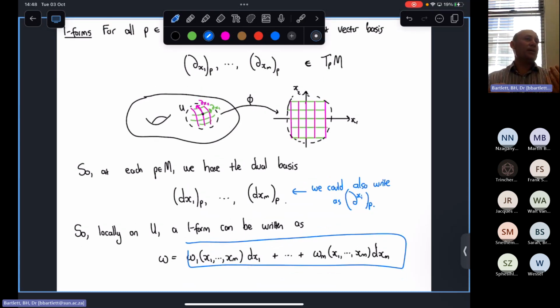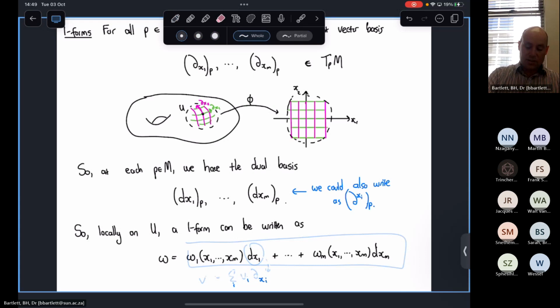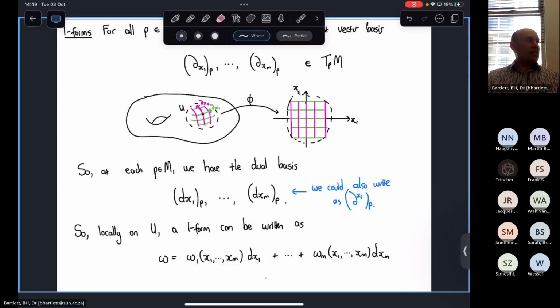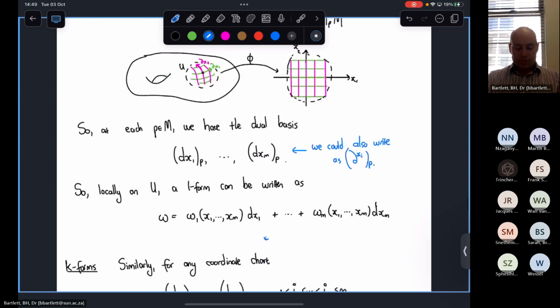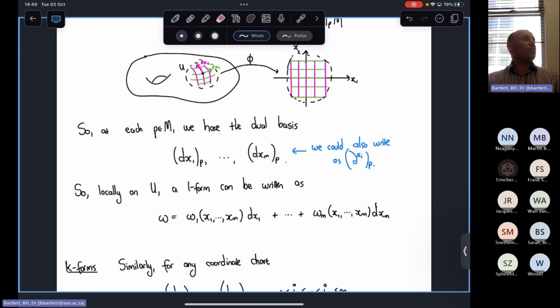If you give me a vector, how does this thing eat up that vector? Well, I express that vector as a linear combination of these del xi's, and I know what each of these guys does on those guys. So that'll tell me what this omega does to the vector. Okay, so that's what a one form looks like locally.